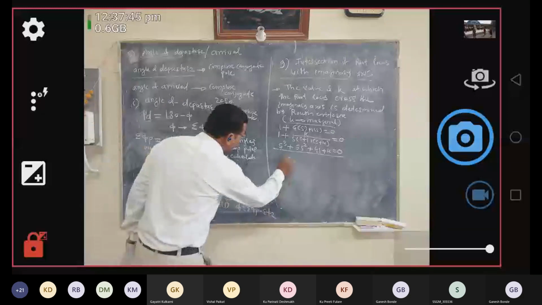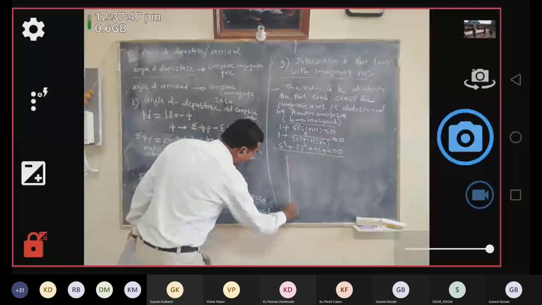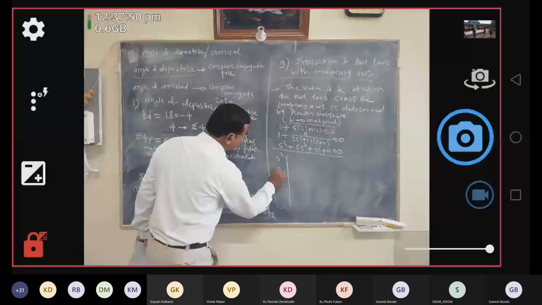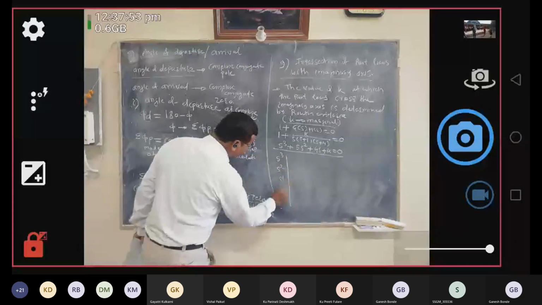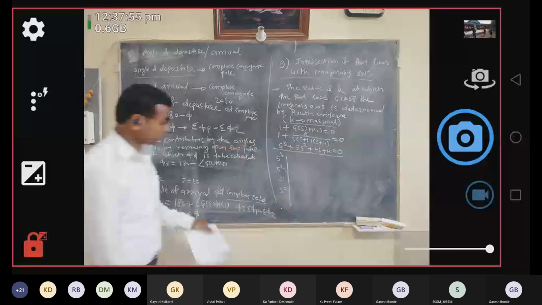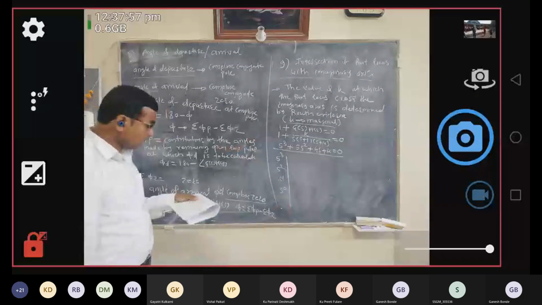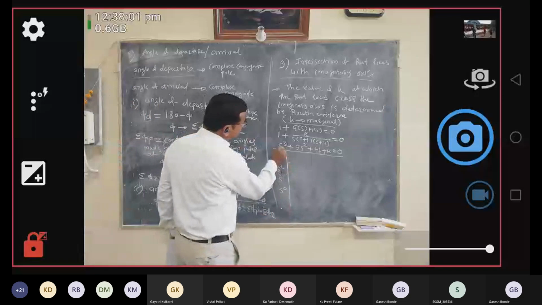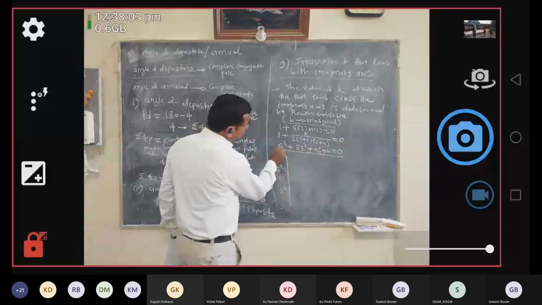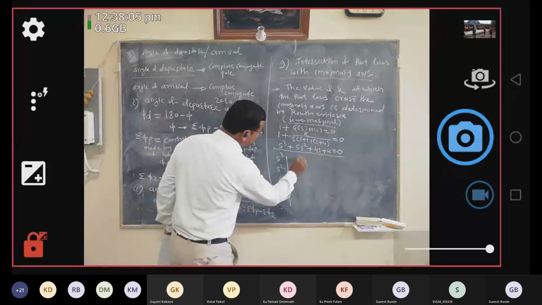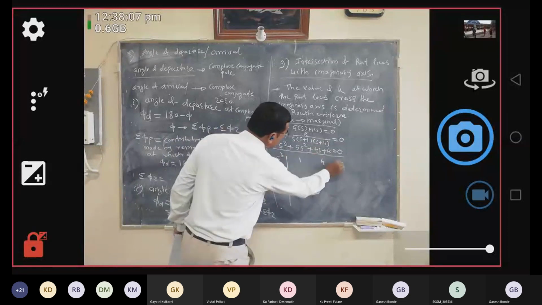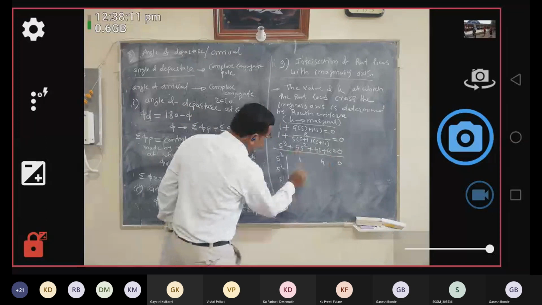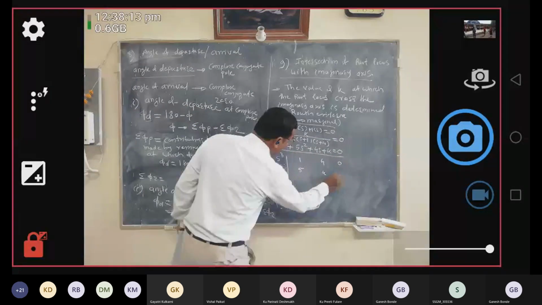So what is the Routh criteria? You have to prepare a Routh array. The highest power of s is s cube, then s square, s1, s raised to 0. The alternate coefficients: 1, 4, 0. Then the second row will be 5, k, 0.